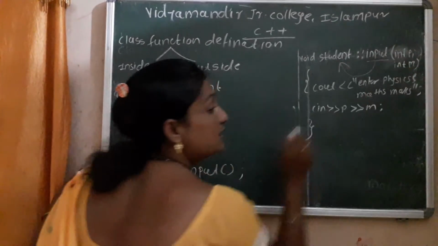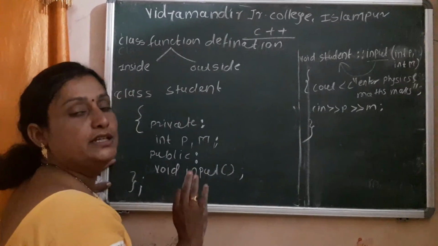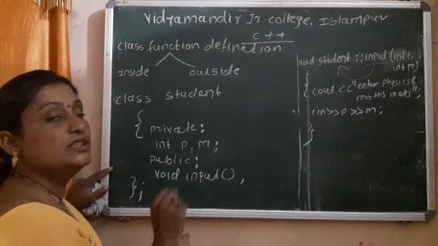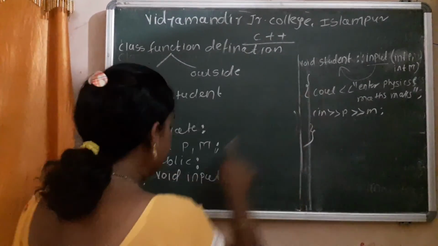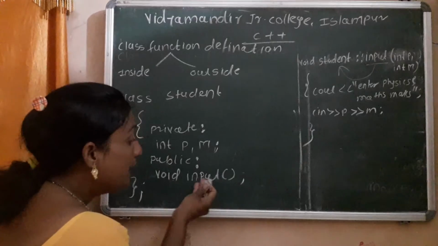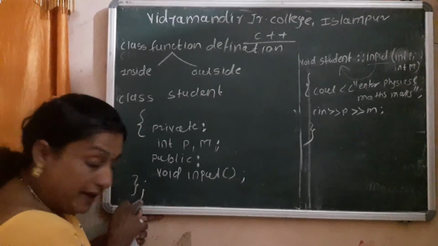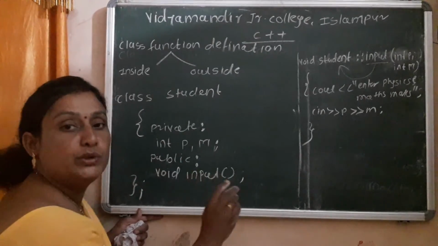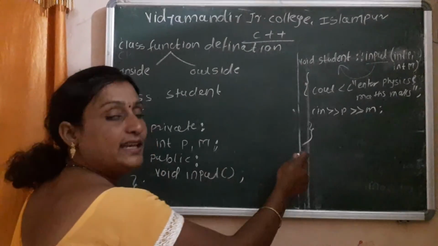So we use the specific syntax. In an inside class definition there is no specific syntax, but in an outside class definition there is. Here we declare the input function, but the function is defined outside the class. Here is the end of the class declaration. When we want to define a function outside the class, this syntax is used.